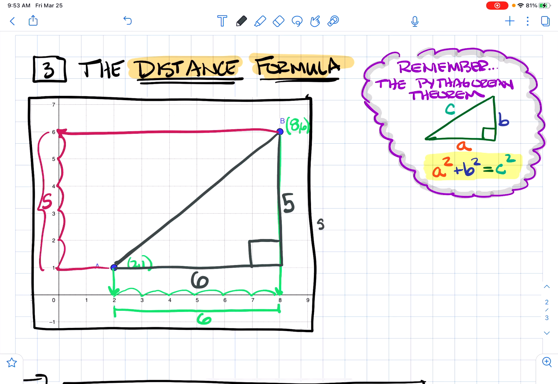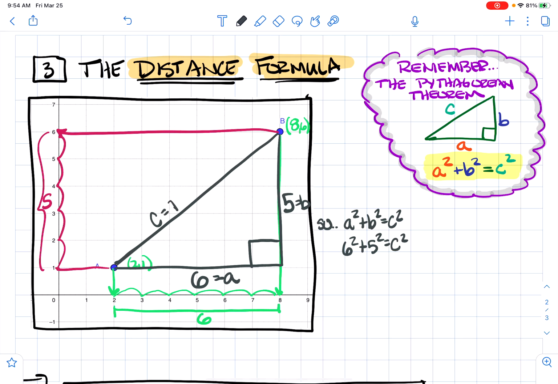So we can use the Pythagorean theorem. We know that A squared plus B squared is equal to C squared. Remember, the 6 is acting like my A, the 5 is acting like my B. So 6 squared plus 5 squared is equal to C squared.